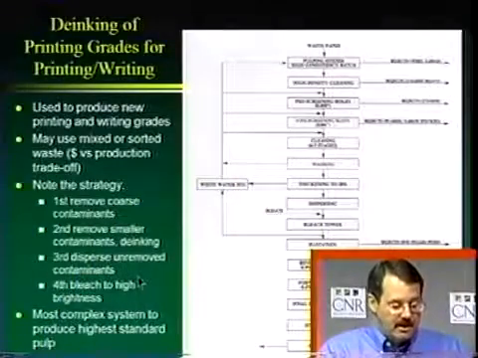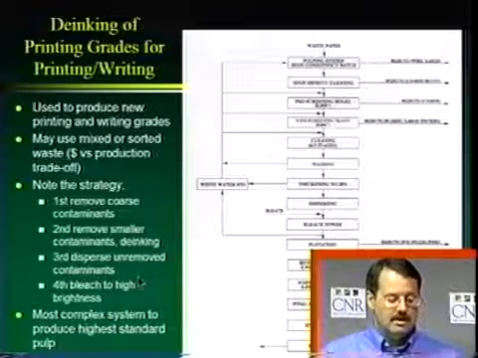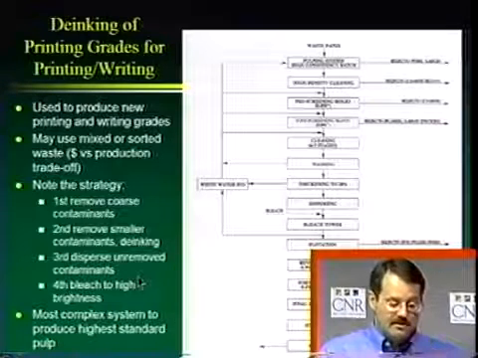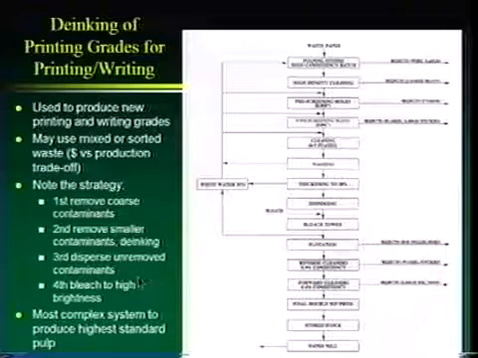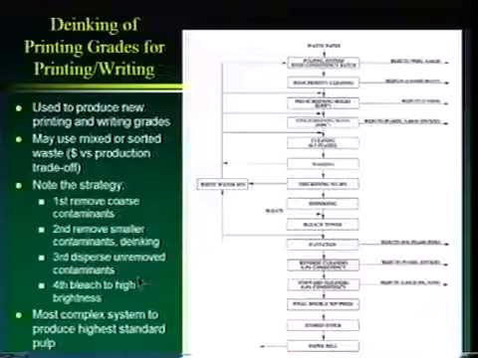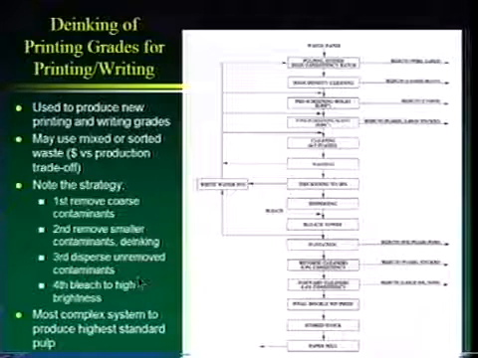So for de-inking of printing grades and printing and writing, we're going to be taking office waste, printing grades, and recycling them into new printing and writing grades. So a couple things to talk about. We may use mixed or sorted waste, and there's a cost trade-off there.